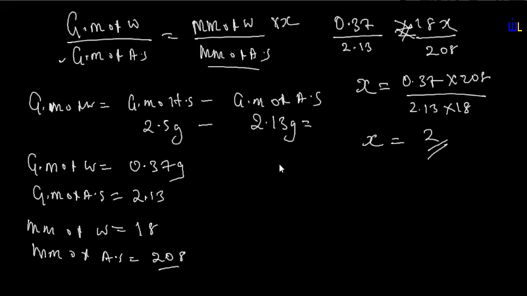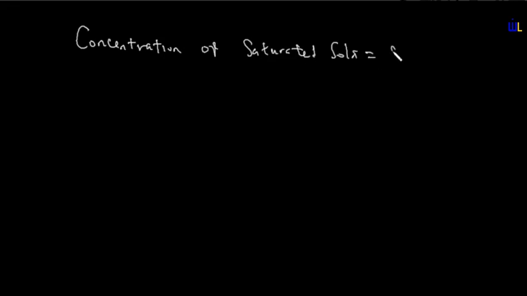Do you remember? Should I say it again? Concentration of saturated solution equals solubility. That's another definition of solubility. So anytime you are seeing a saturated solution, it means that the highest number of solutes has entered it, and that value there is the solubility.